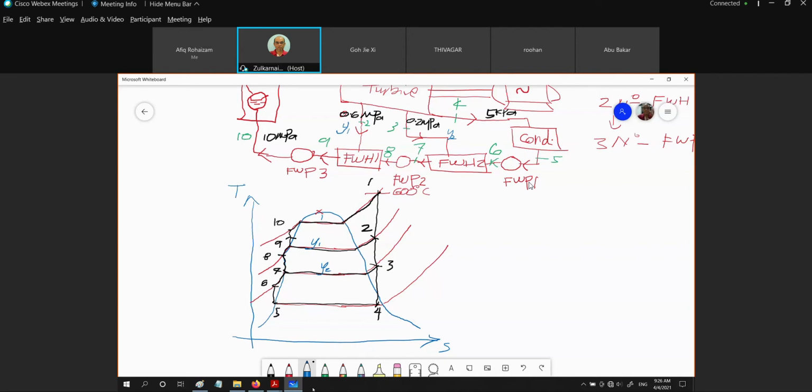And the balance going to the condenser is 1 minus Y1 minus Y2. Okay? We complete the TS diagram by putting all the arrows of the process.